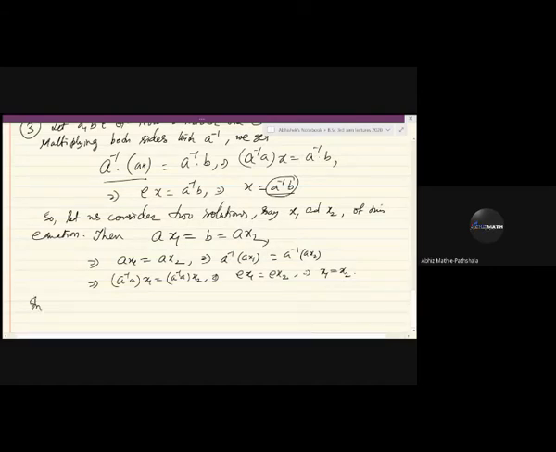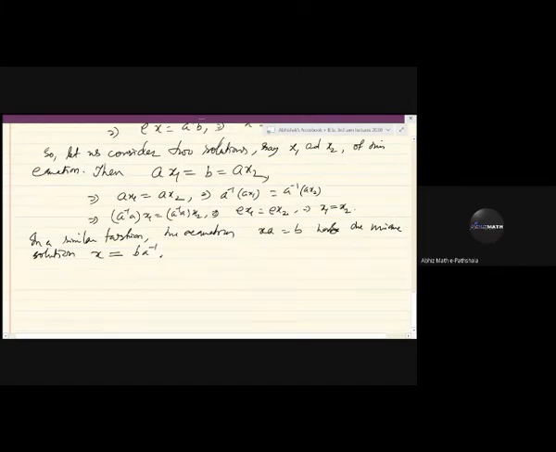In a similar fashion, the equation xA equal to B has the unique solution x equal to B A inverse. Just multiplying both sides of this equation by A inverse, you will get your result.